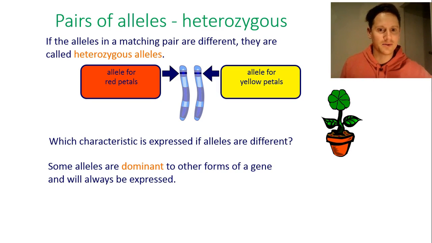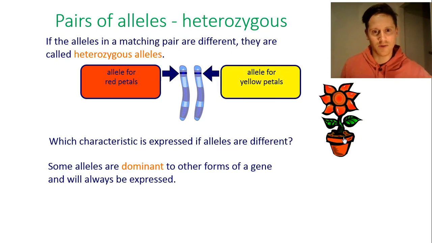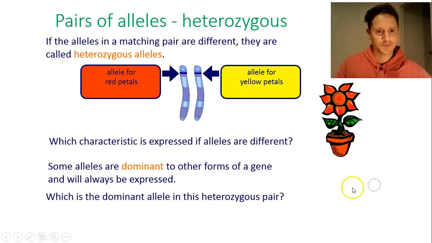Some alleles are dominant to other forms of a gene and will always be expressed. This is probably the simplest relationship. One of these colors is dominant over the other, and the dominant color is red. Generally, darker colors are more dominant. In this case, the red overpowered the yellow, and the red allele was expressed.